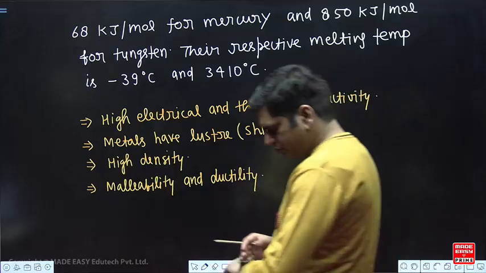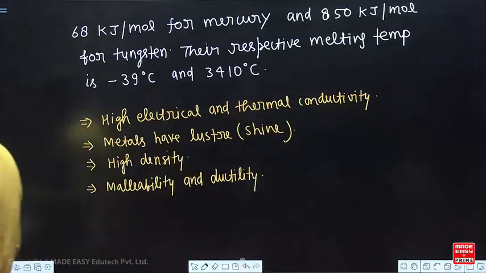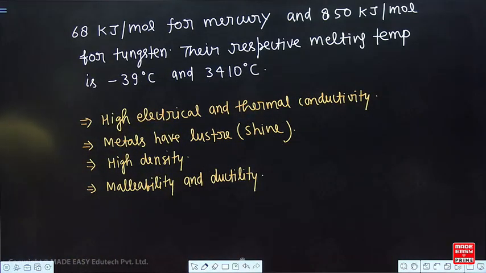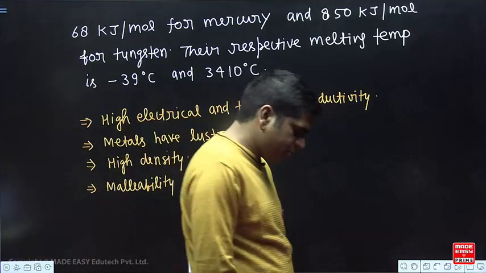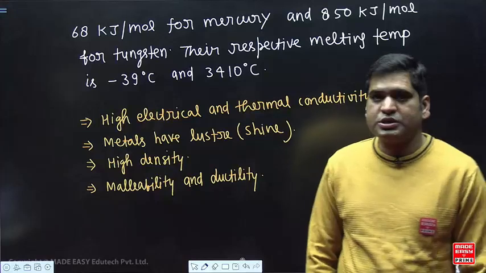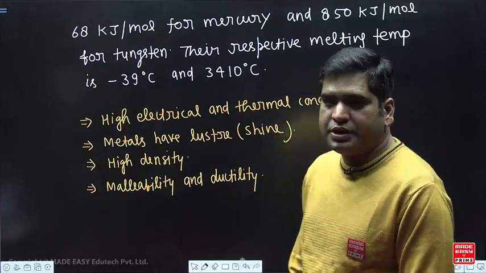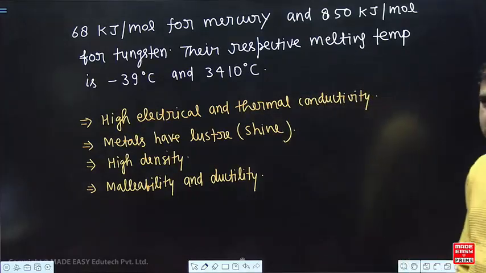Please do it quickly. Yes, that's why mercury is a liquid at room temperature, because it has a very weak metallic bond. It melts at -39 degrees centigrade. Below that it will also become solid.